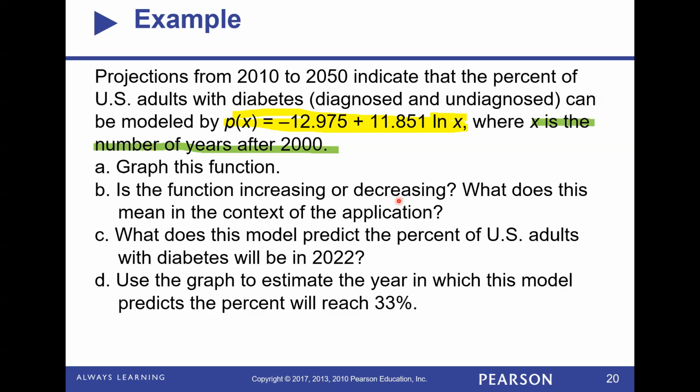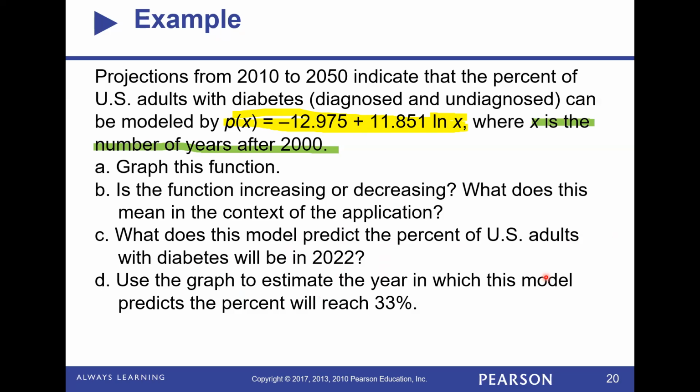And what does it mean in the context of this problem? What does it mean if we're increasing or decreasing with these types of words involved? What does this model predict the percent of US adults with diabetes in 2022 is going to be? And then we're going to use the graph to estimate when the model will predict 33%.